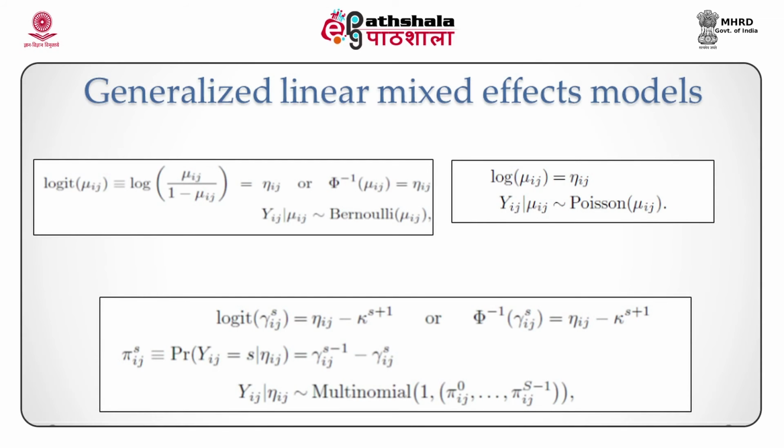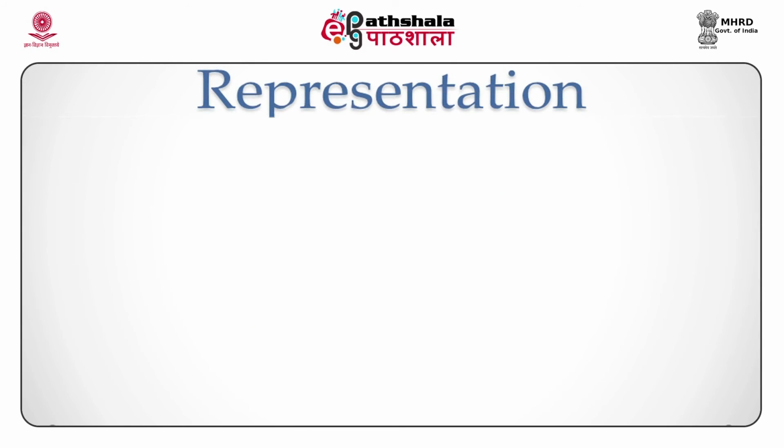We assume here that y_ij given eta_ij follows a multinomial distribution with parameter 1 and pi_ij0 to pi_ij,s minus 1.